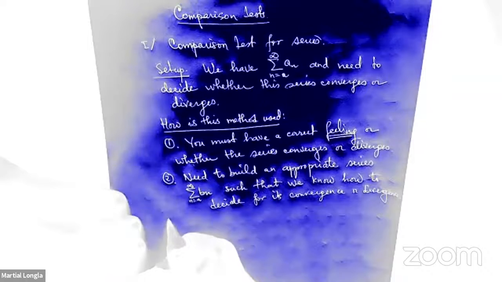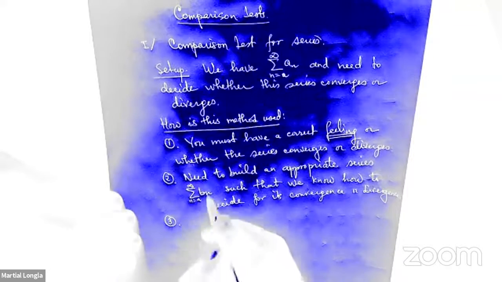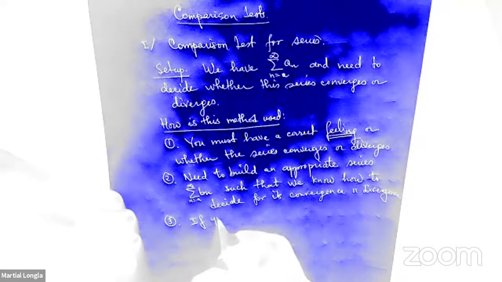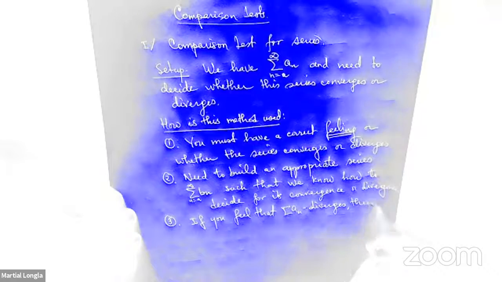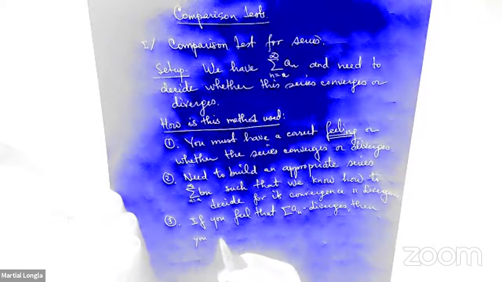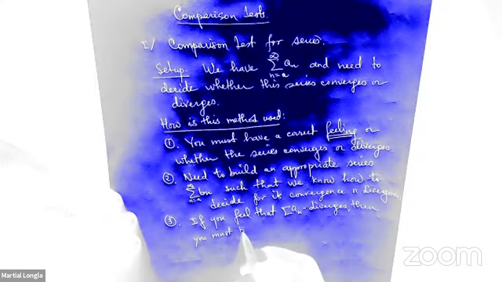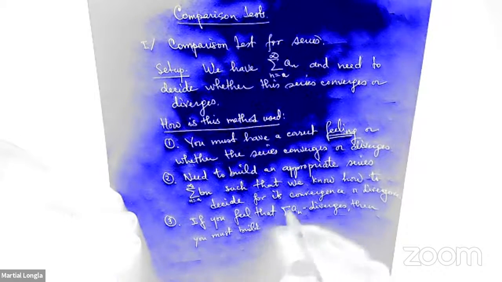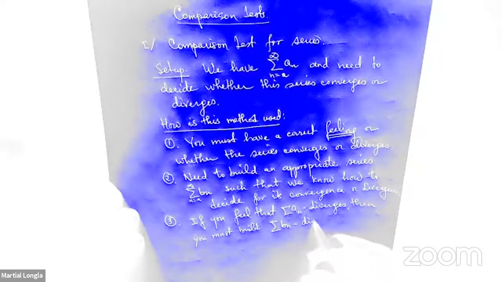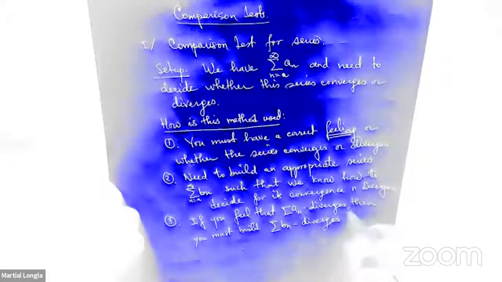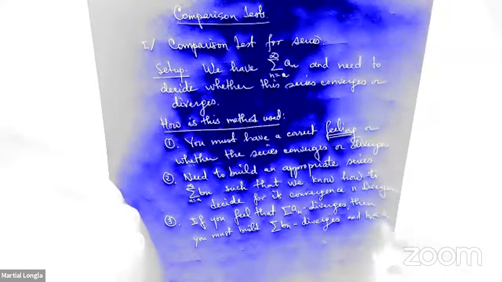Moreover, third point, if you feel that the sum of a_n diverges, then you must build a sum of b_n that diverges, and b_n is less than a_n.